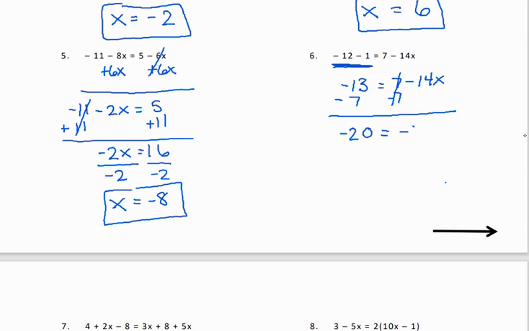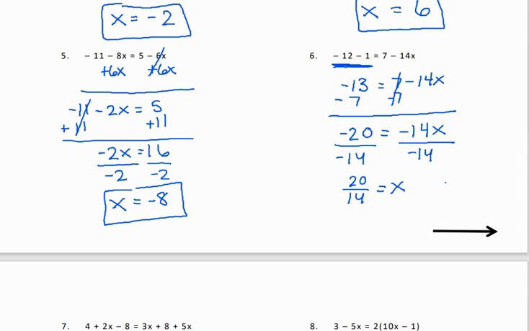Don't forget that says negative 14x. And now to get x alone, we divide by negative 14. This one does not divide nice and pretty, but let's remember, a negative divided by a negative is a positive, right? So I get 20 over 14 equals x.